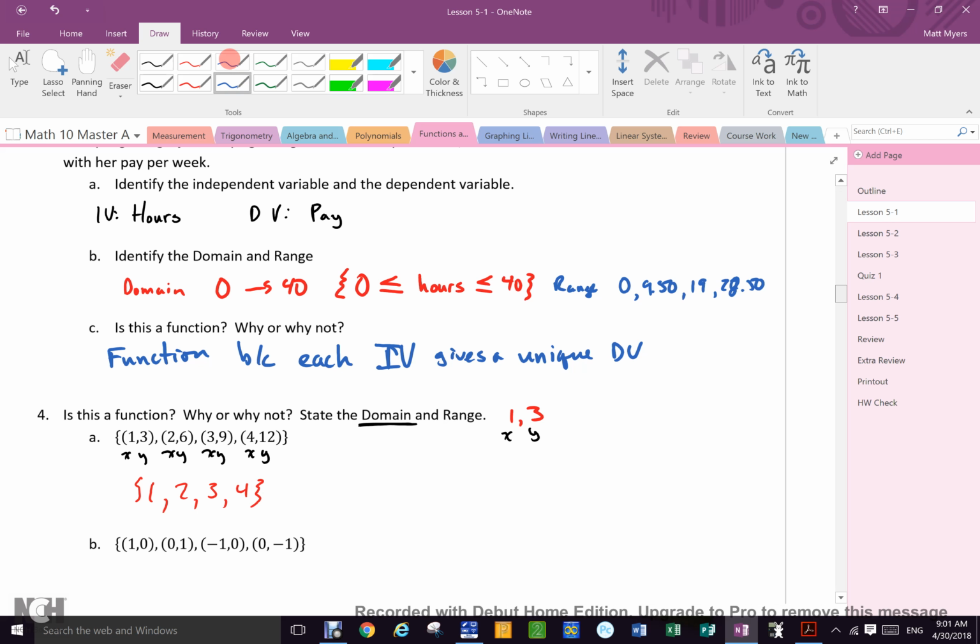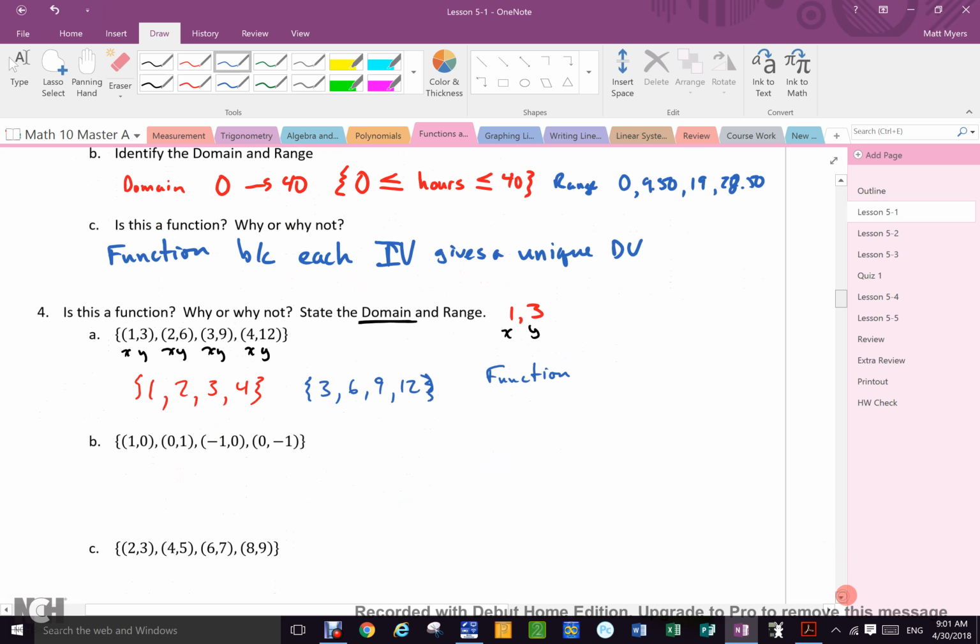What's our range that I write in blue? 3, 6, 9, 12. Is it a function? Yes or no? Yes. Every x gives me its own y, so it's a function. Everybody agree? Great, do the next one.